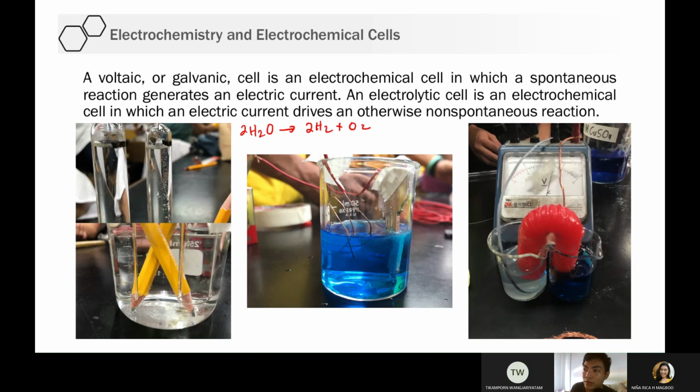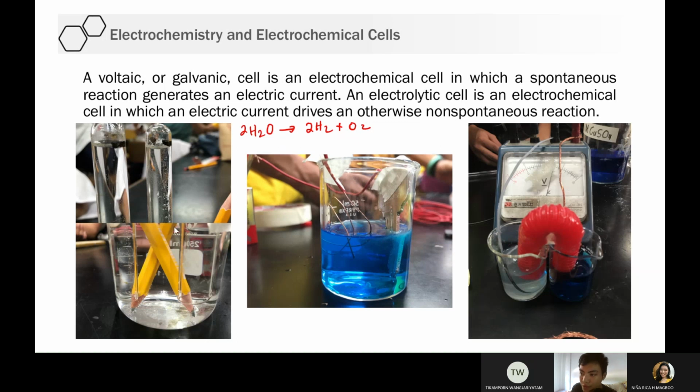If you may ask, since we produce hydrogen gas, are the gases flammable? The answer is yes. What we did during the experiment is that we allowed this setup to run over a short period of time, maybe around 2 hours.